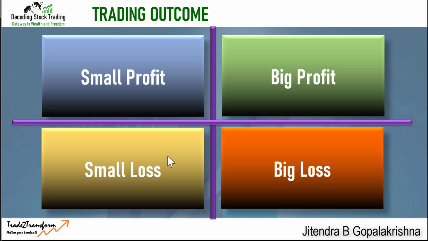You have to pay keen attention to each of these aspects and see how to really control them. Among all of these, what is in our control is the big loss. We don't have to worry about small profit, big profit, and small loss. But big loss is the only thing we have to be really concerned about, and you have to be laser sharp in ensuring that it never happens during your entire time running the business. So this is about the outcomes.